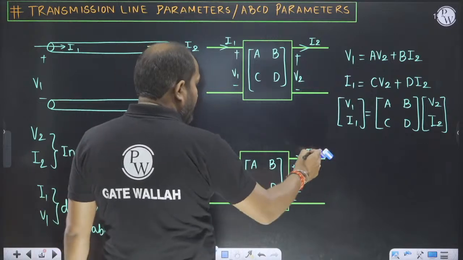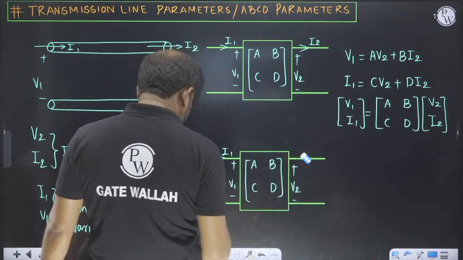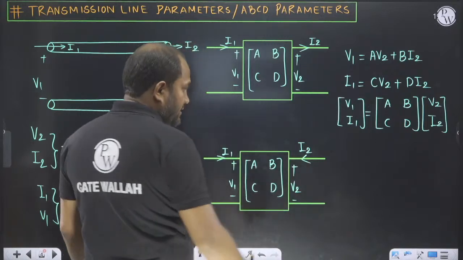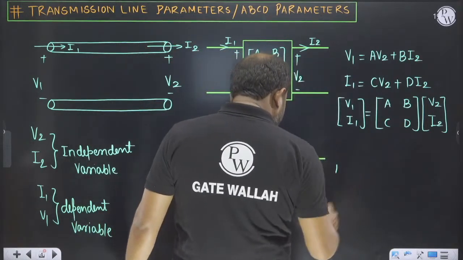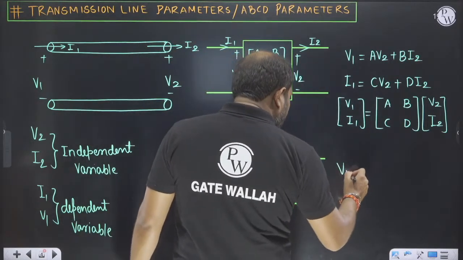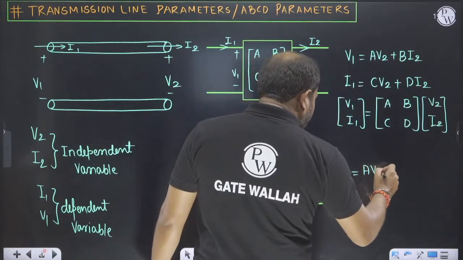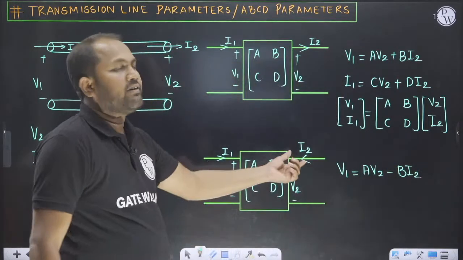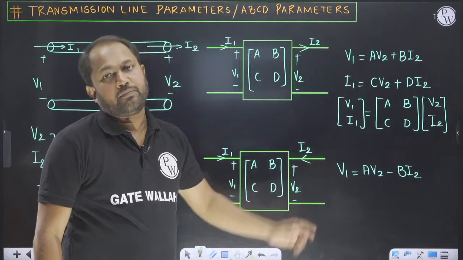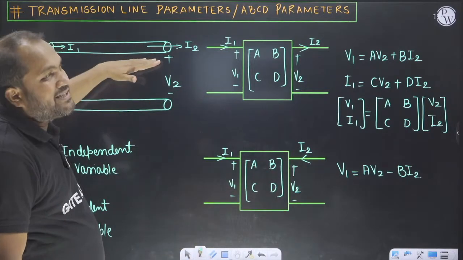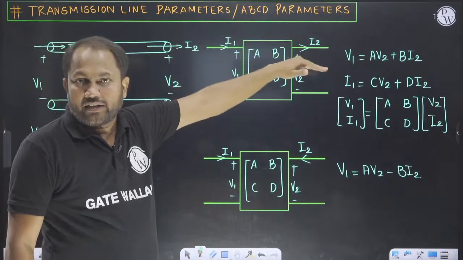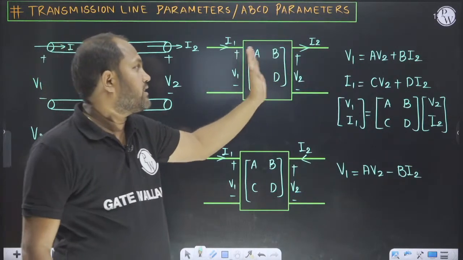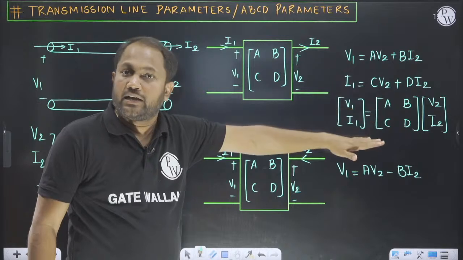If we take current I2 in inward direction, then what will happen? Then V1 will be equal to A V2 minus B I2, and I1 will be C V2 minus D I2. Because in transmission line the I2 current is in outward direction, I consider outward direction as positive.